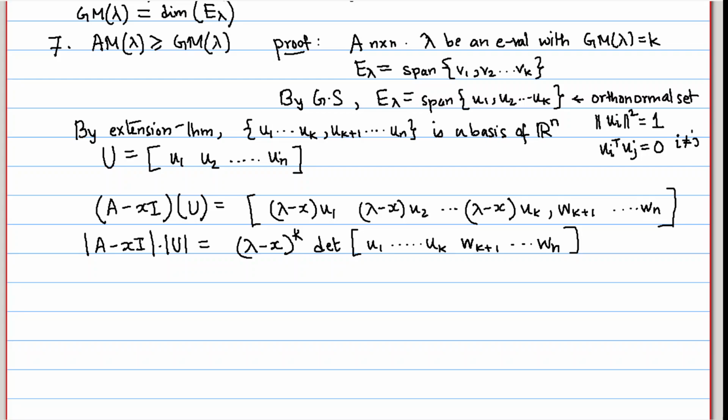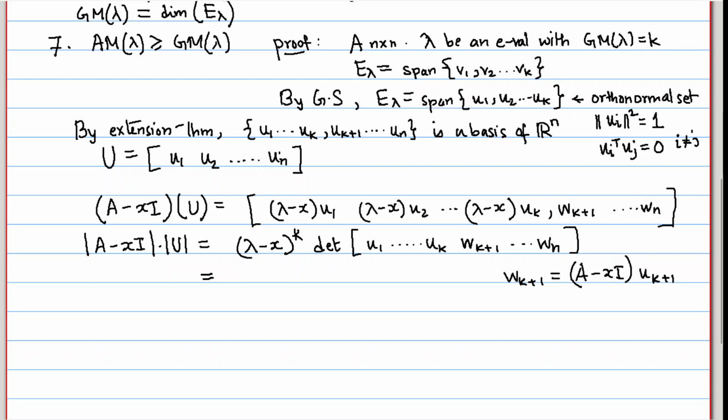Also observe that wk plus 1, wk plus 2, up to wn have components of x in them. Because what is wk plus 1? It is A minus xI acting on uk plus 1. So this is a function of x, and there are entries which have x in them.